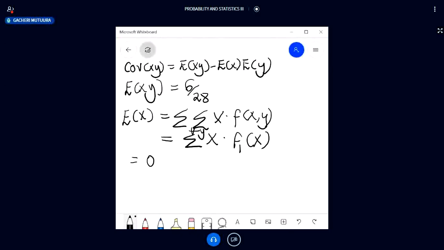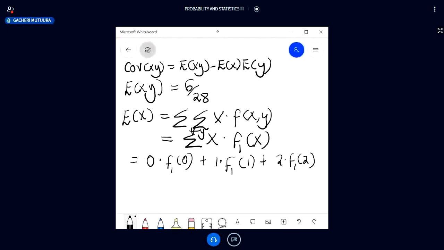So I expect 0 times the marginal of x when x is 0, x is 1, and x is 2, since the values of x are 0, 1, and 2.